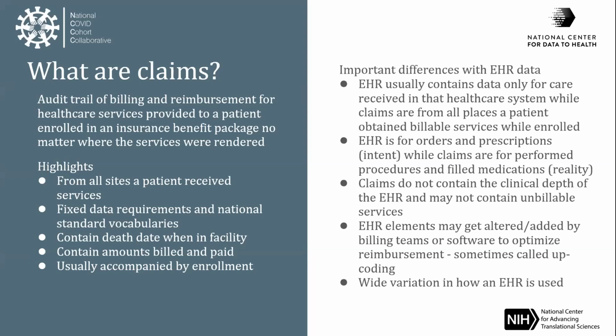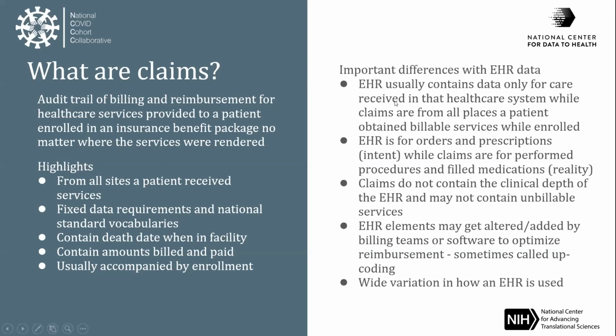That latency of about 3 months gets well over 90% of services fully adjudicated. And I think the data is being updated every month, but it's going back like 2 or 3 months. So we have pretty complete data and fully adjudicated data. So it makes it a lot easier to work with.